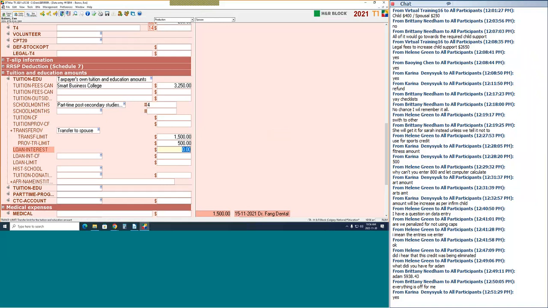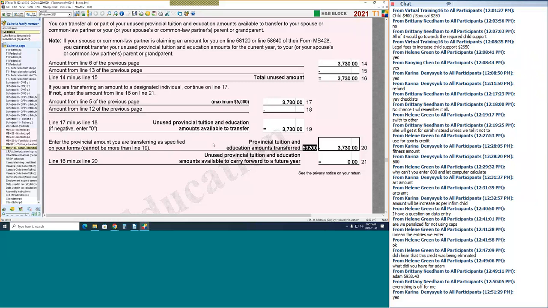What I will say is if you put more than you are entitled to transfer, the computer will limit it for you because it can't transfer 5,000. There isn't 5,000 to transfer. But when you have to go do your T2202 filling in the back, it's going to be really hard to know how much you're supposed to do. So I really cannot stress enough how important this is.